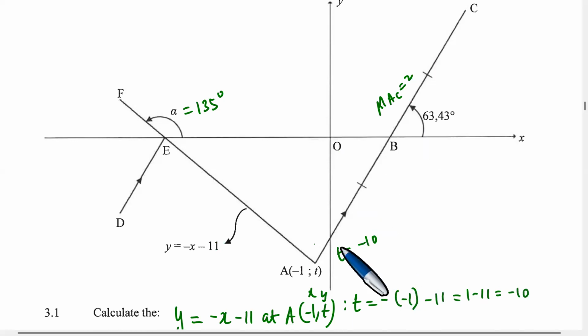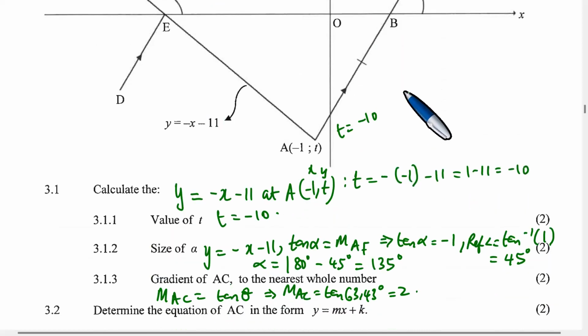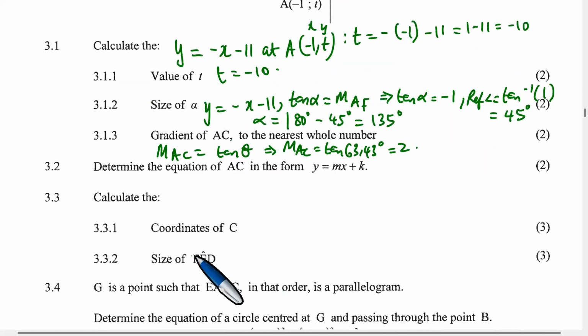So we can easily find the equation of the line. We need just a point on the line and the gradient of the line. We want to find the equation of AC, and we know that the gradient of AC is equal to 2. Okay, and therefore we know also that there is a point A with the coordinates -1 together with -10.